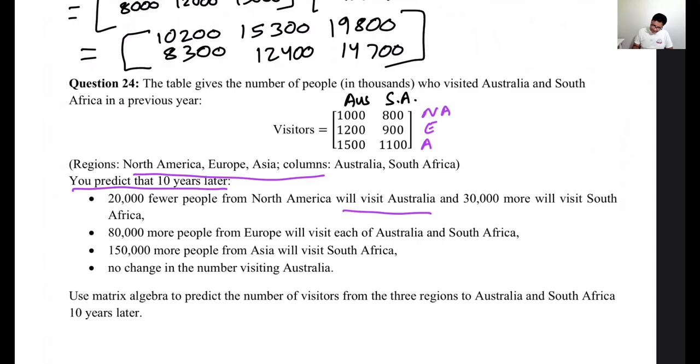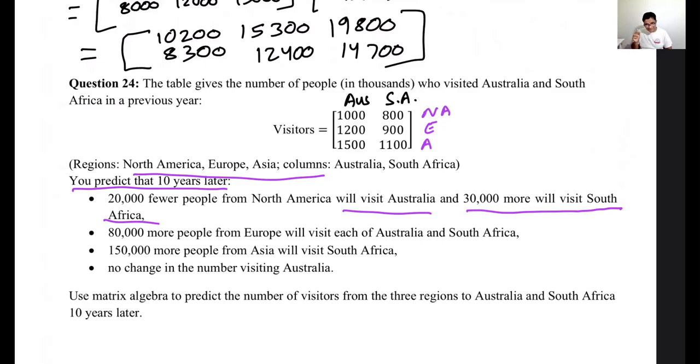I think this 30,000 is about North America. So from North America, 20,000 less to Australia, but 30,000 more to South Africa in the next 10 years. Similarly, 80,000 more from Europe will visit Australia and South Africa both, and so on. These kinds of predictions are made.